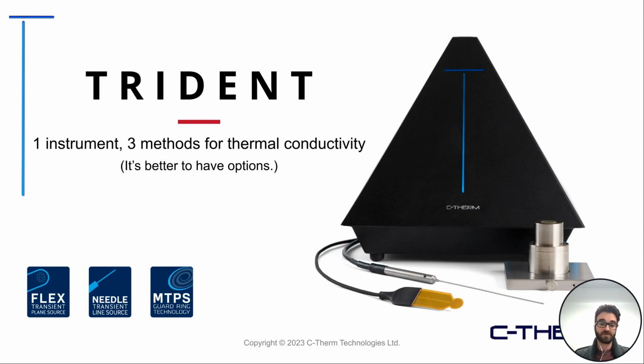Some methods are more versatile than others, but our Trident platform gives you the most coverage for all possible testing scenarios. A little later on, Joe will be going into how they're using one of these methods in particular as it relates to thermal conductivity. So that's a little background on the instrument.